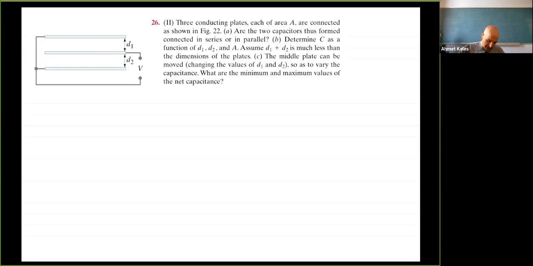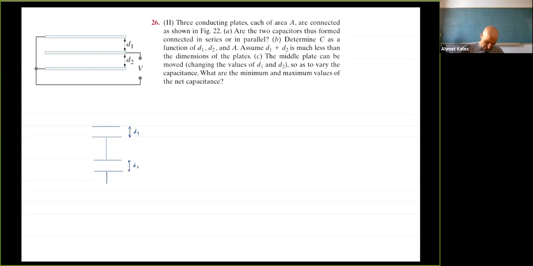All right, let me start. Let me first put in the gaps and then complete the picture. The first gap is something like that, and this one is D1. Now this middle plate, I draw it like this. And the second gap, let's put the second one here, and this is D2.